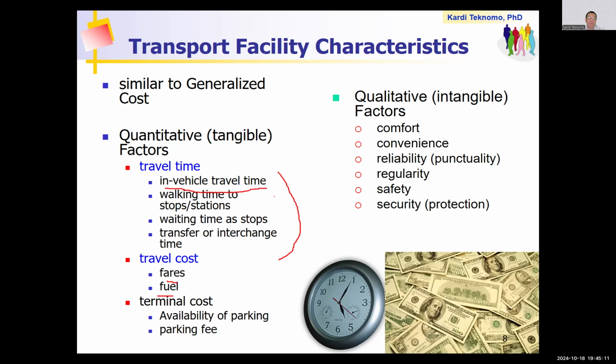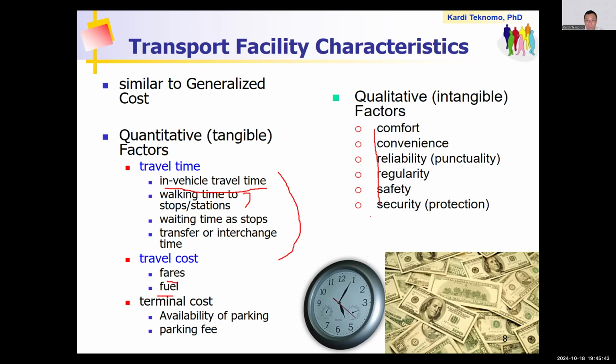And if you are using public transport, how much is the waiting time at the stops? How many times do they need to transfer or interchange? And what is the walking time at the stops and stations? So this represents the impedance, isn't it? So it represents generalized cost. You can also include any other factors which are qualitative in nature or intangible, using a Likert scale.